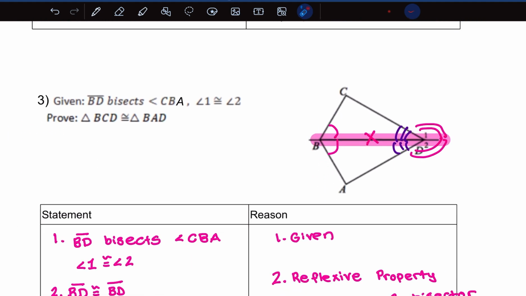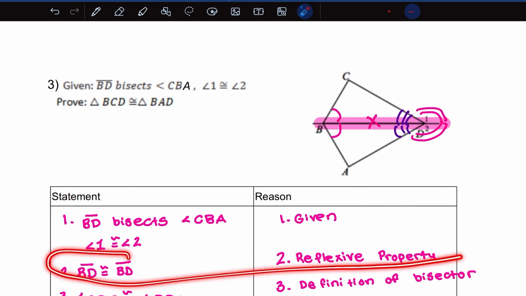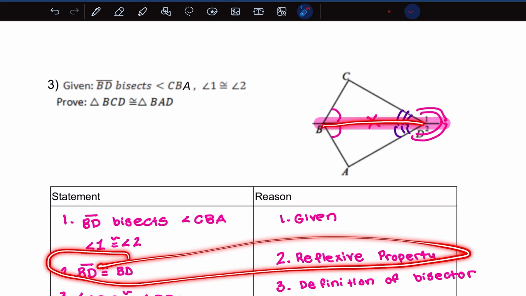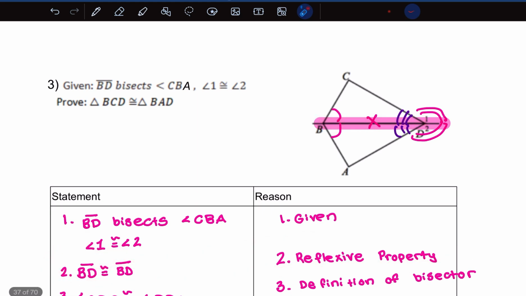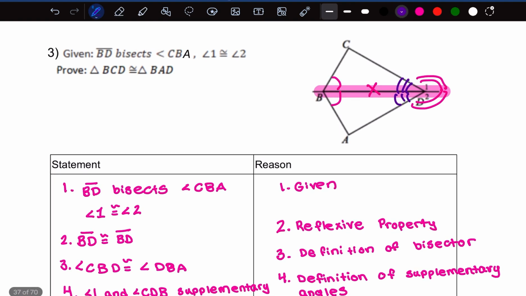So how do we write this out? Start with our given statements. I'm going to start with reflexive. I state that BD is congruent to itself to get that side. I'm going to state that CBD is congruent to DBA. Actually, it should be the other way around.